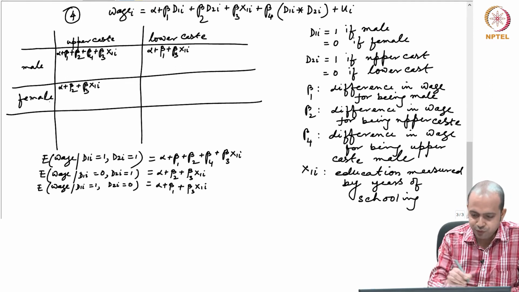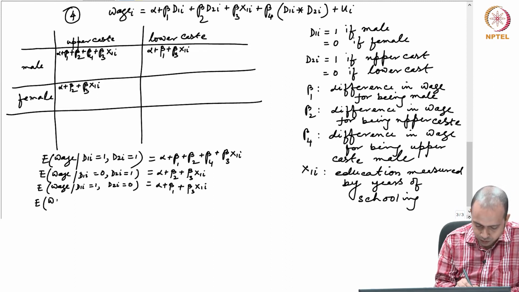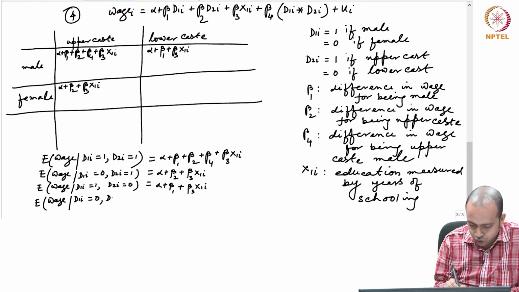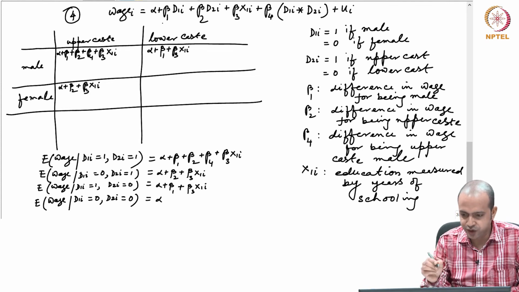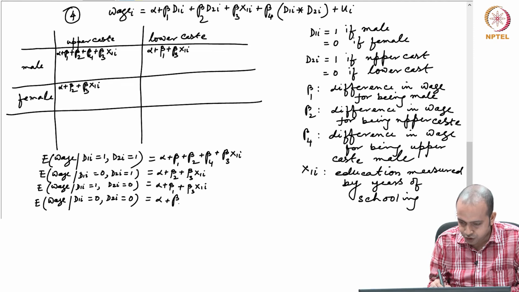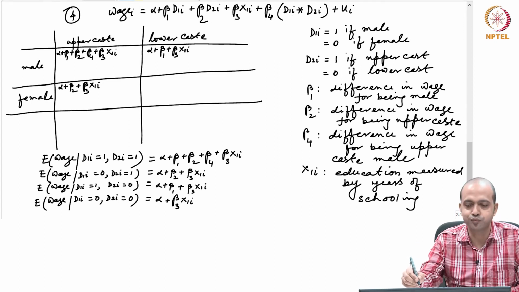Okay. And for female and lower caste, that means expectation of wage when D1i equals 0 and D2i is also 0, that would become alpha; beta 1 will vanish, beta 2 will vanish, and beta 4 will also vanish because I put D1i and D2i both equal to 0.